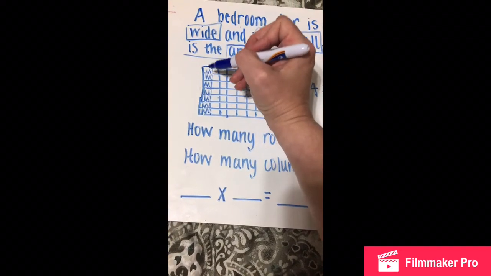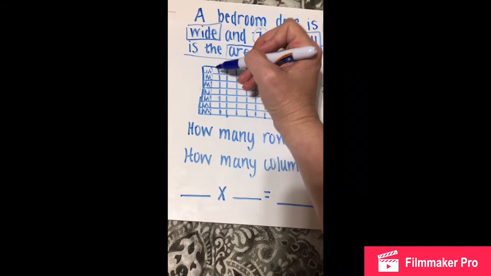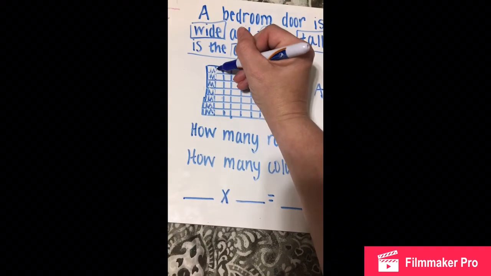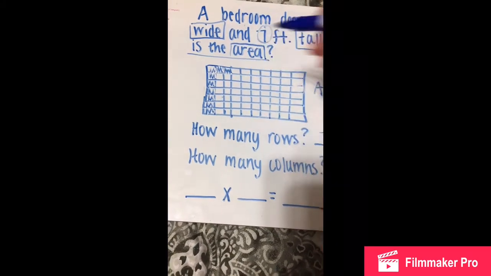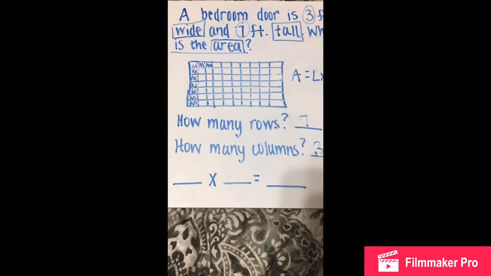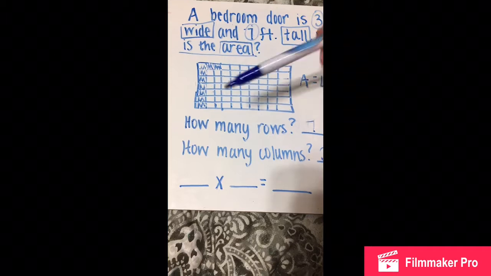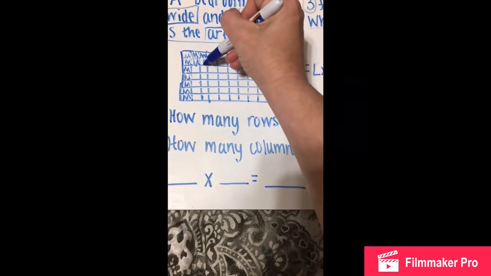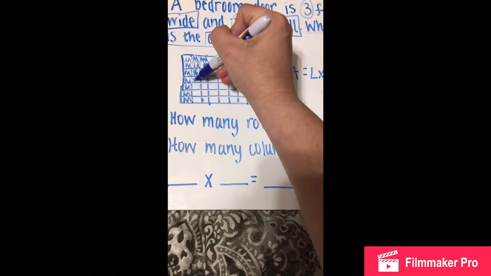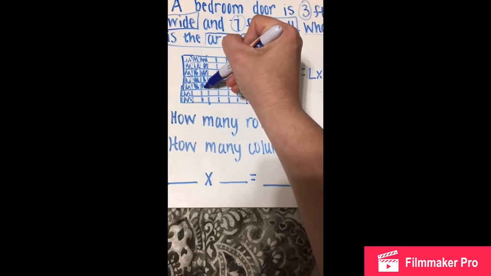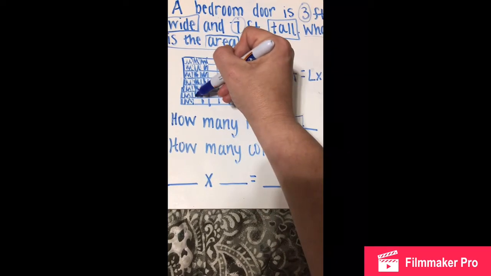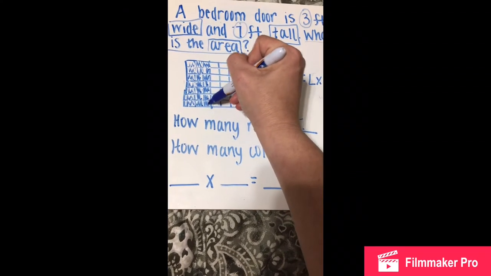Remember, I already have 1, so I only need to fill in 2 more. So 1, 2, 3. Now to complete this area model, I need to finish filling in the rest of my rectangle. So I'm not going to go across anymore because I know that I only need to go 3 feet wide. And I've already filled in those units.